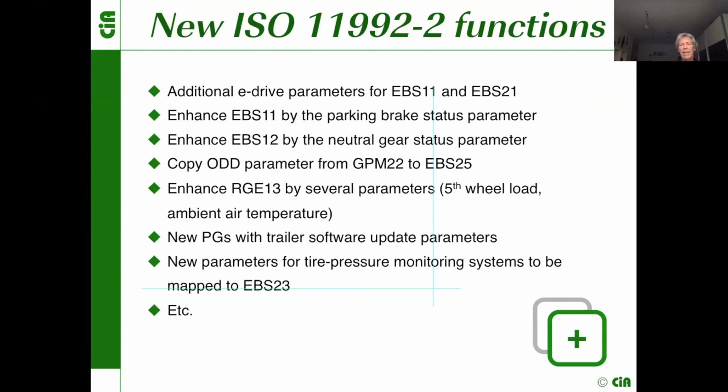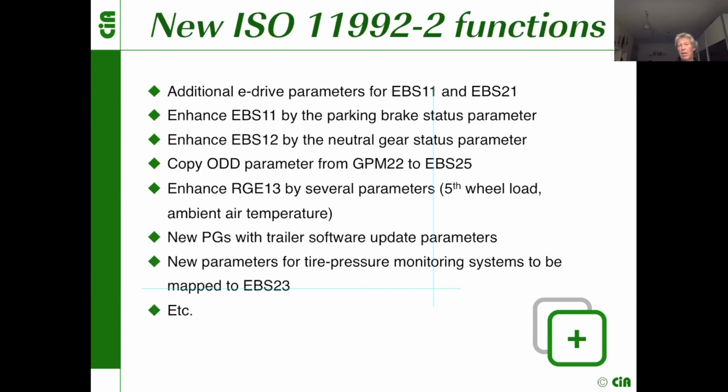We also have enhanced the running gear equipment 13 parameter group by several parameters, the fifth wheel load, ambient air temperature, and so on. And we will introduce new parameter groups for the information if the trailer software has been updated or not.